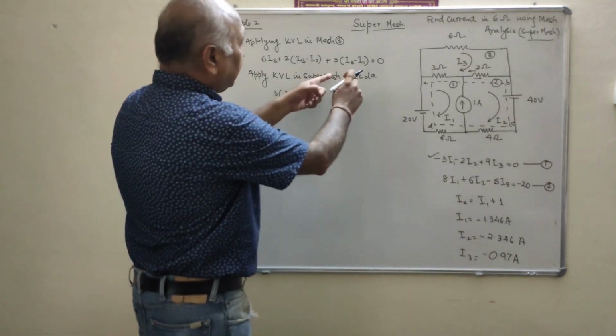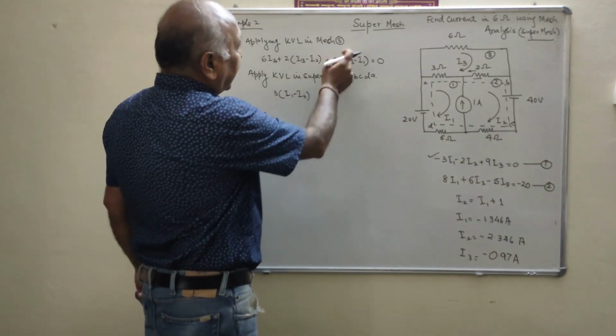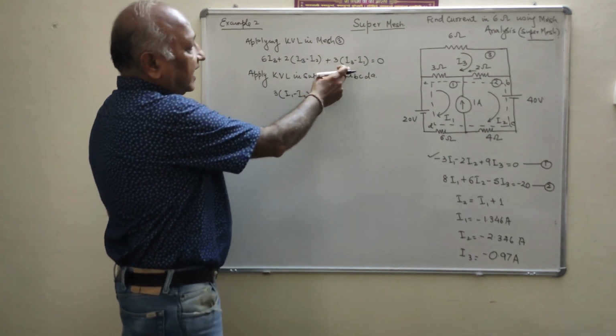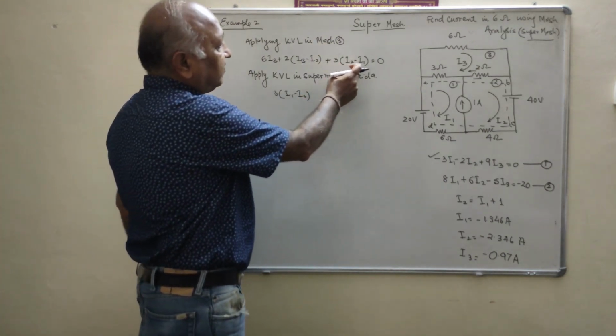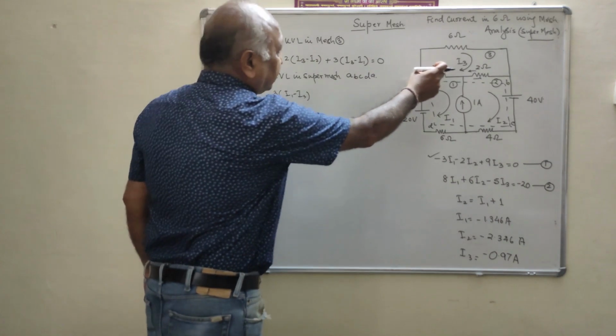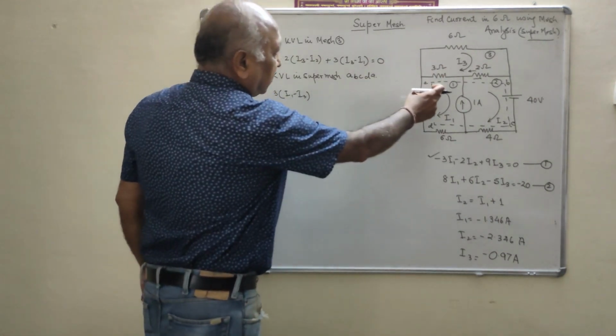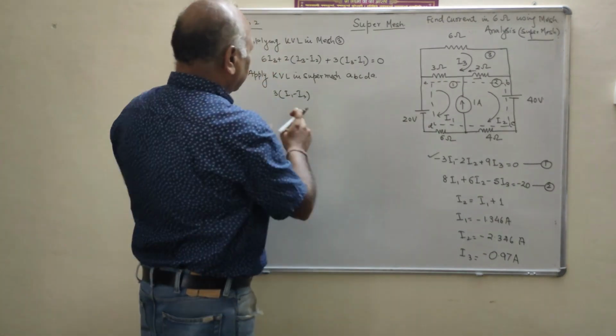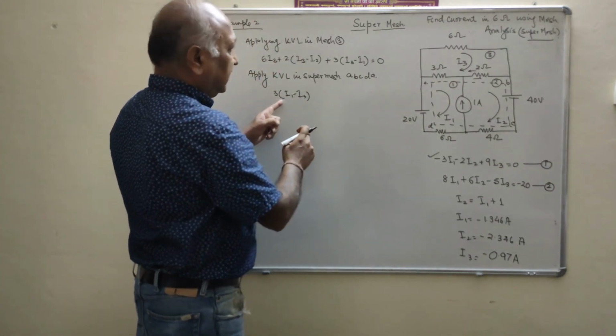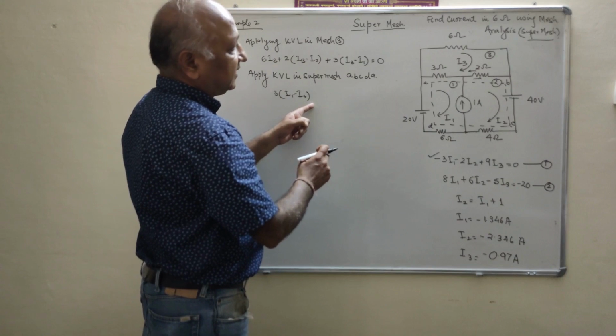Clear? When we write the mesh 3 equation, we write the drop in 3 ohm as I3 minus I1 because in mesh 3 the dominating current is I3. Here the dominating current is I1. That's why we are writing 3 into (I1 minus I3).